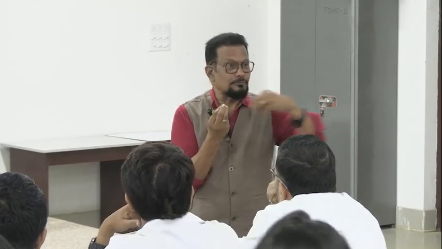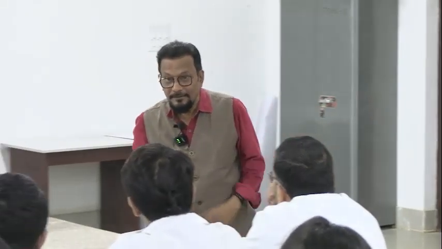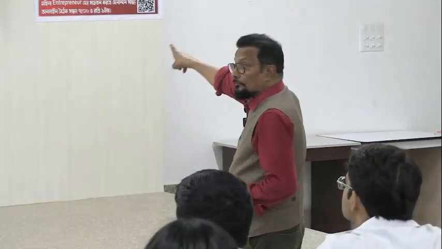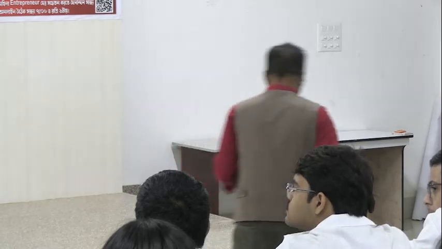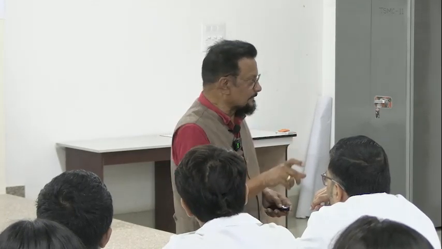This receptor is attached to the nerve fiber, so this action potential will be a sensory impulse, and it will travel along the nerve fiber. Now, let us say I want to explain the role of these ions, sodium ion, potassium ion. You have in the syllabus resting membrane potential and action potential.